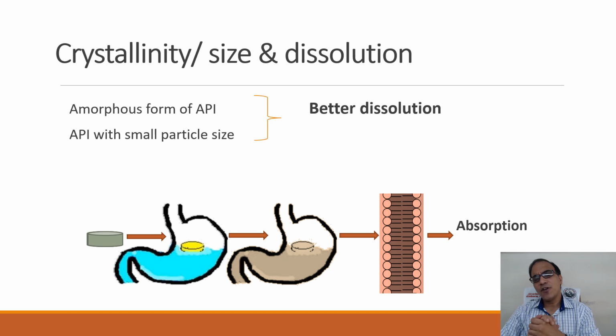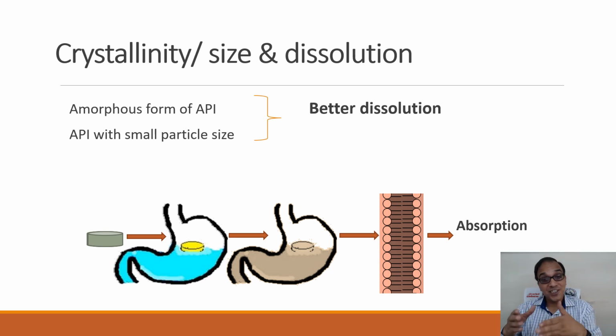Now, when we talk about the API, we often discuss the crystallinity, size, and dissolution interrelation. The amorphous form of an API, or an API with small particle size, shows better dissolution because the drug is going into solution.